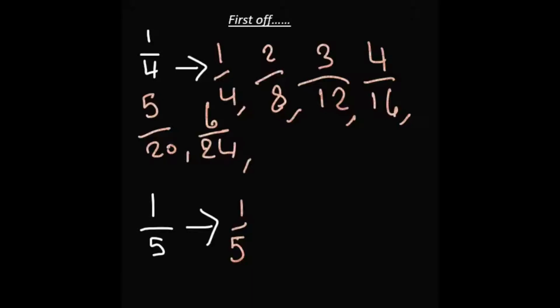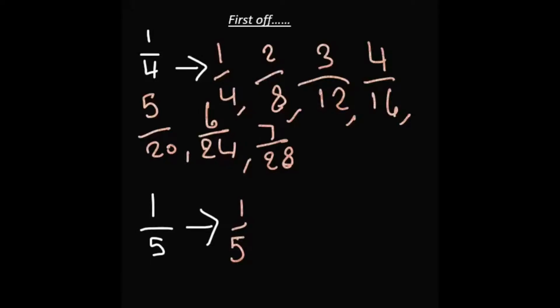You always multiply the same whole number to the numerator and the denominator. So we're done with 1, 2, 3, 4, 5. One more. Now it's times 7. 7, 14, 21, 28. 28. And 7 times 1 is 7.